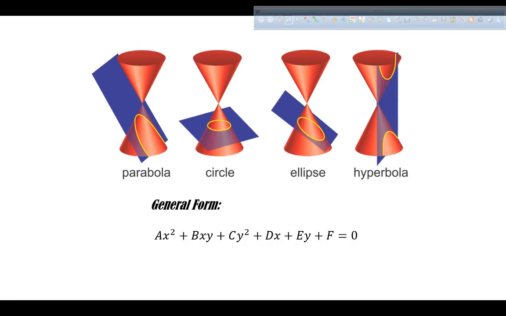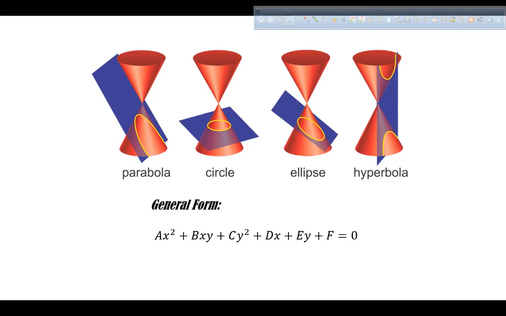But all of the equations of all these different conic sections can be expressed using this form: ax squared plus bxy plus cy squared plus dx plus ey plus f. Depending on what shape it is, like if it's a circle, I just have an ax squared term, a cy squared, sometimes a dx and an ey, and a constant, but I don't have the bxy term.